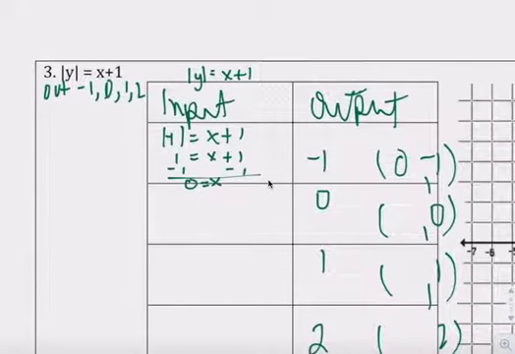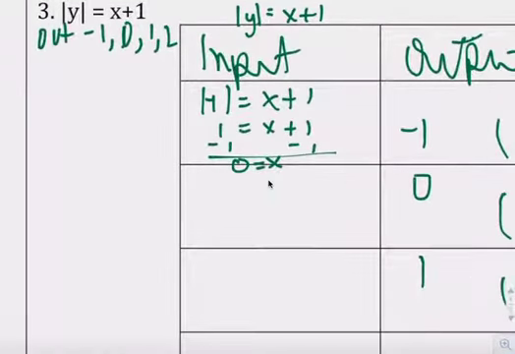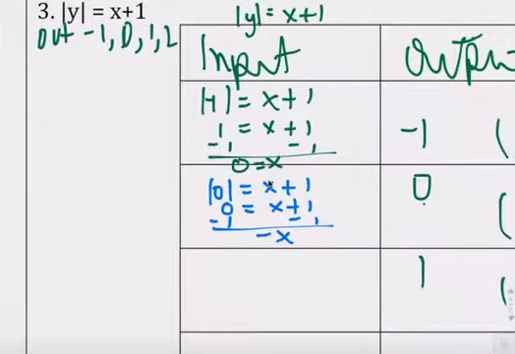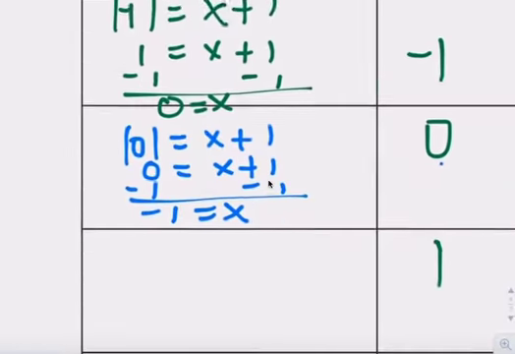So your input is 0. Next one, your output is 0. Absolute value is 0, x plus 1. 0 equals x plus 1, minus 1, minus 1. X equals -1. So your input is -1.